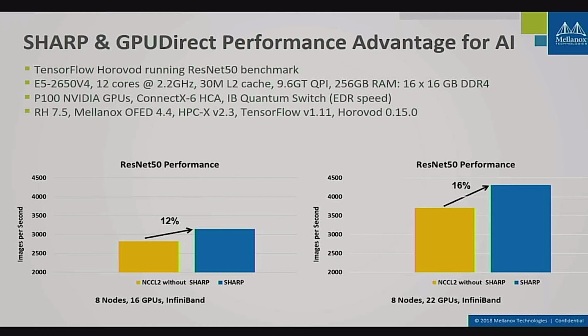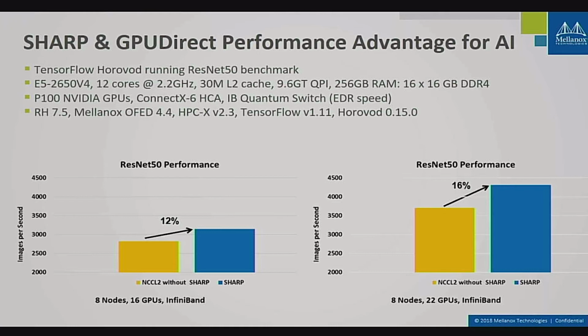What people usually compare for deep learning is how many images the system can process in a second. So this is images per second, NCCL without SHARP and NCCL with SHARP on 2 different systems.